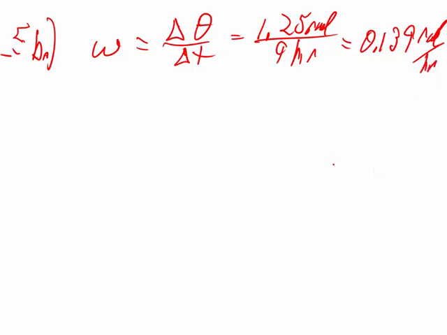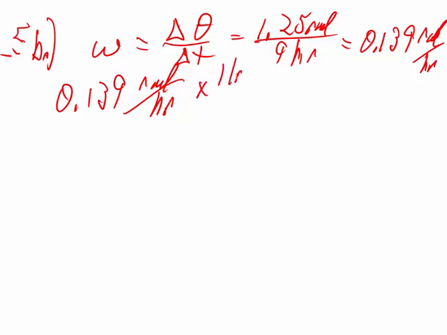All right, good. And of course, we can convert that to radians per second, but does it ask us to do that? Angular speed, that's typically how we do it. So we say 0.139 radians per hour, and we know that 1 hour is 3,600 seconds.